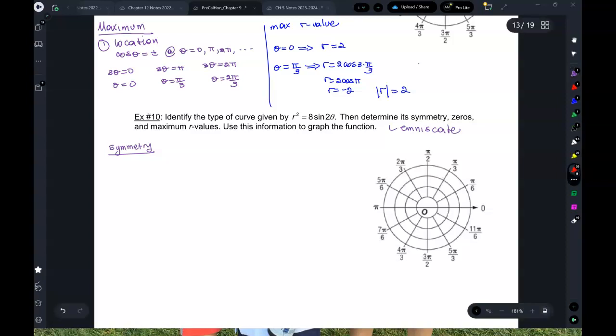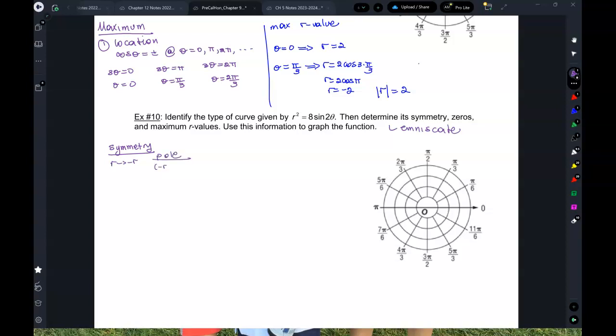However, here it's sine 2 theta. When you have sine of theta, can you change theta to negative theta and have it equal the original? No. So the only one that's going to work is if you change r to negative r, which is which one? The pole.